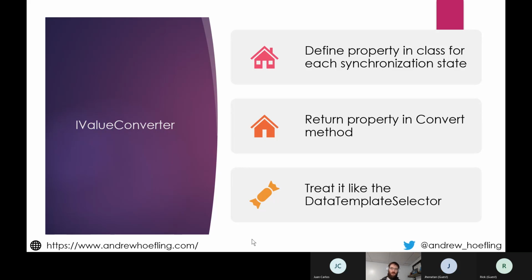Well, we're not dealing with data templates, so we're using an IValueConverter, and the idea is we'll bind on our status object, and depending on which state that enum is in, we can pick from any type of object that we've bound to this converter. So instead of updating those bindable properties inside of your view model, we're mapping it to a static resource in this value converter.